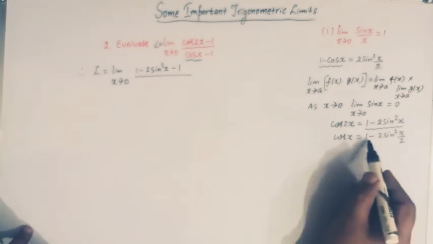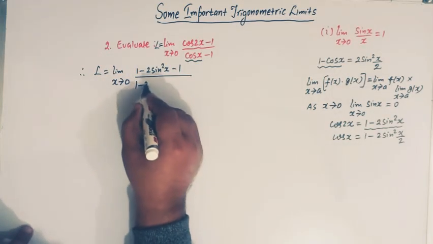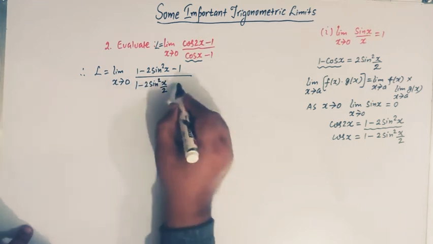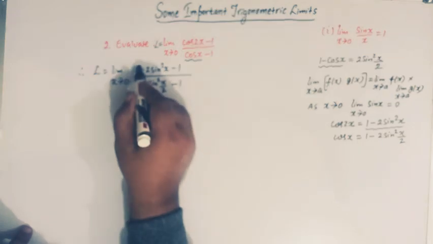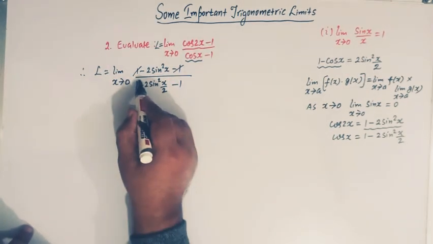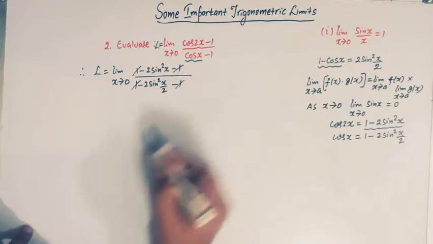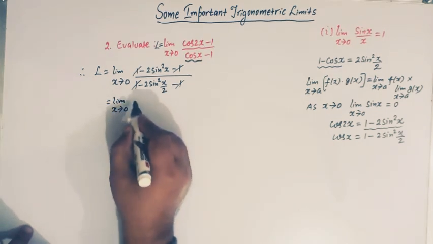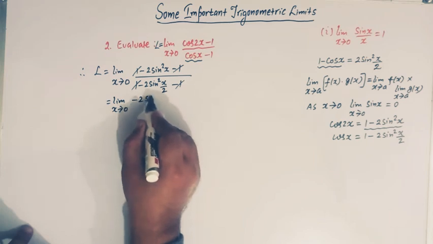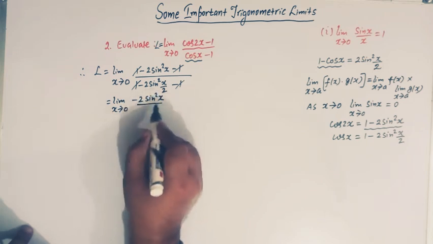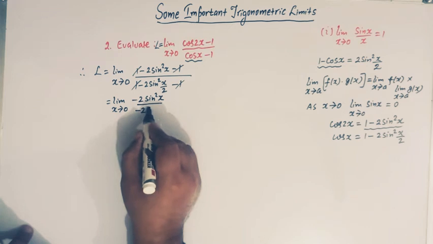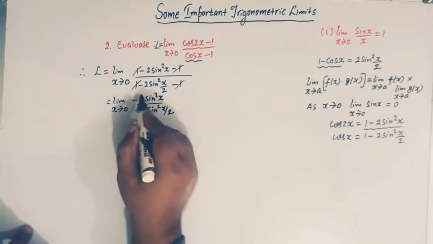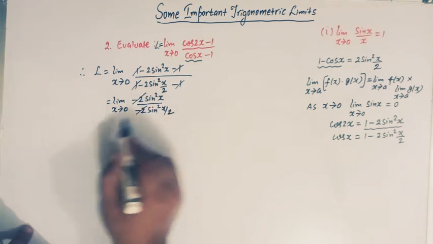For cos x we can write 1 minus 2 sine square x by 2, minus 1. So 1 and minus 1 get cancelled, and similarly 1 and minus 1 get cancelled. So we have limit x tends to 0 of minus 2 sine square x divided by minus 2 sine square x by 2. Now minus 2 and minus 2 get cancelled.